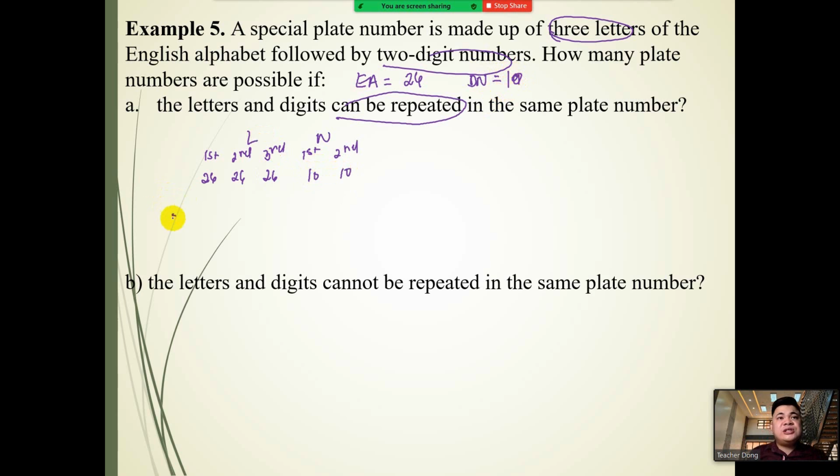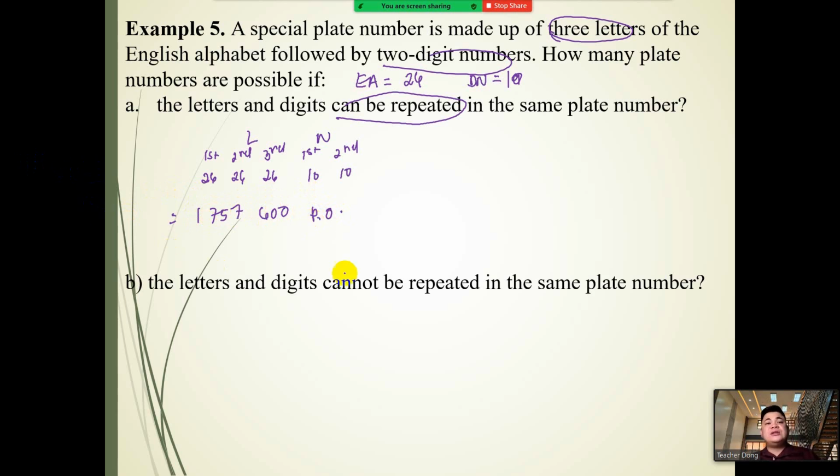After that, we just need to multiply 26 times 26 times 26 times 10 times 10. If you can follow, we have 1,757,600 possible plate numbers. So that's for the first restriction.